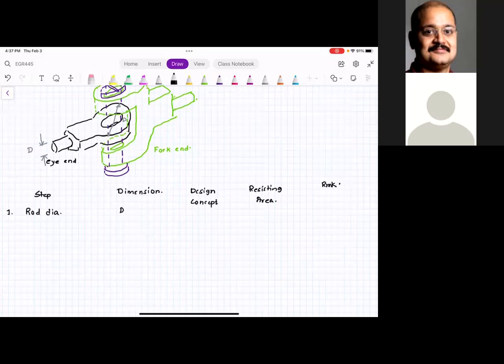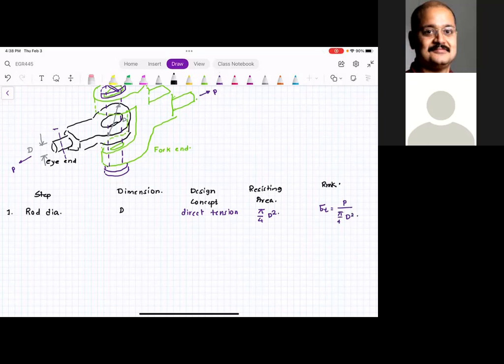The dimension is D. The design concept is direct tension. If you think about this area supporting the load P, this is the load P. It's pi by 4 D square. So sigma T is equal to P divided by pi by 4 D square.